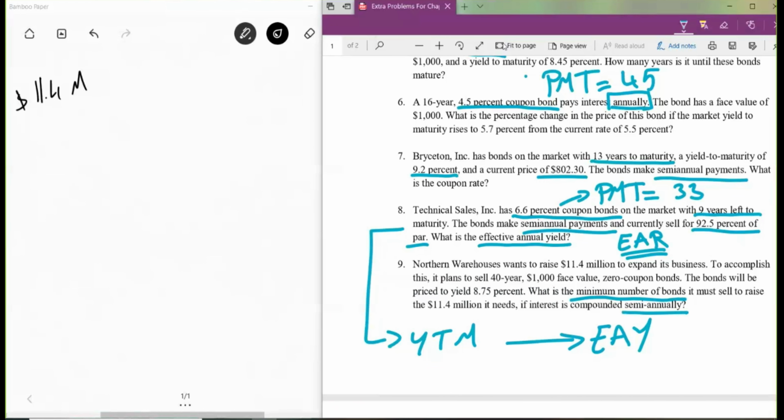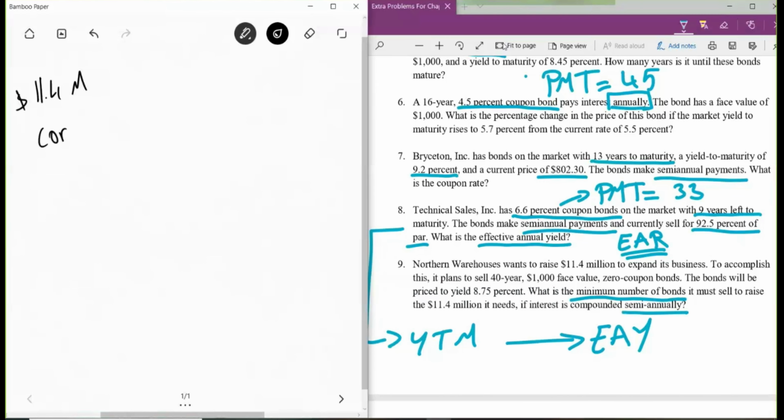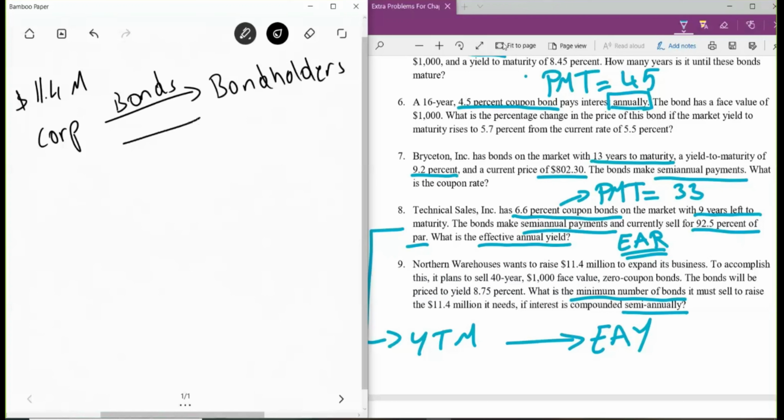So in this case, the corporation will sell bonds to the public, to the bondholders. The bondholders will pay a total of 11.4 million.